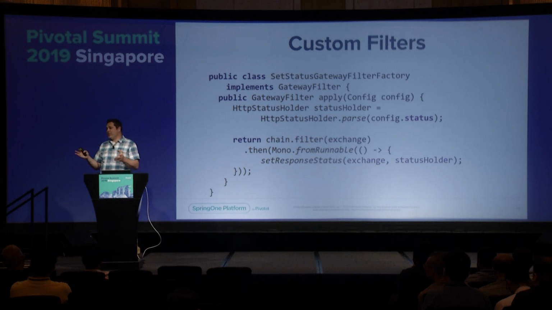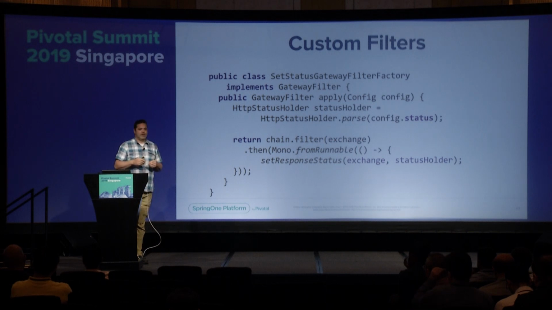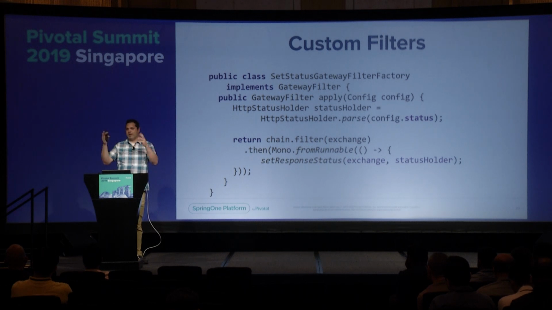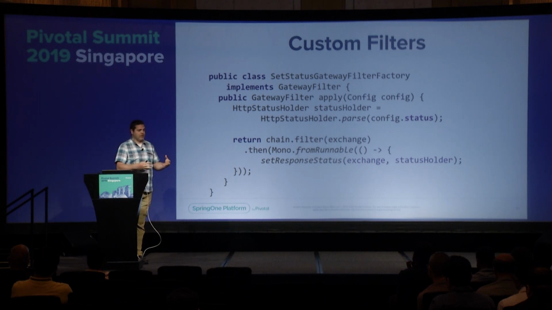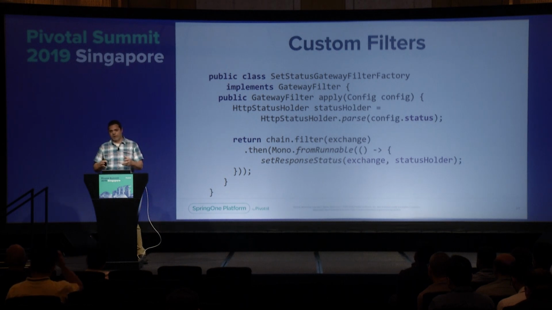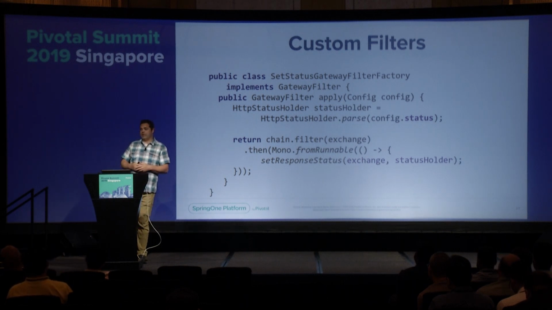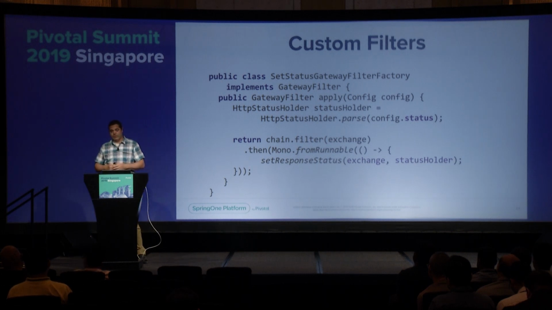Well, Zuul 1, if you go look at what the Zuul core provides, it's basically a servlet with a loop, and it provides some simple APIs. There's actually no filters provided, so we had to actually write one before. So we've really written one, and we're able to take our experience in writing that one and provide a better developer experience and a better overall experience for users with Gateway. And one of those is actually implementing a filter. So they're small, they're easily testable.